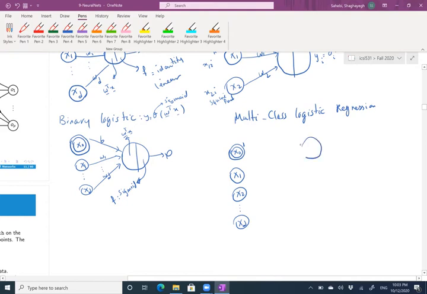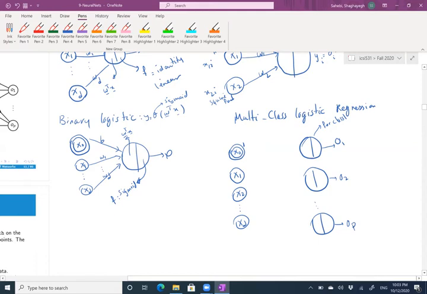So this is for class 1, this is for class 2, etc. This is for class P. So this is for class 1, right? So this is going to give me output 1. This is going to give me output 2, and I'm going to get output P out of the last one.